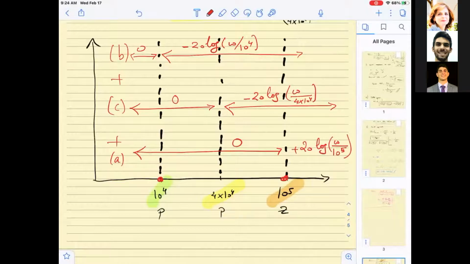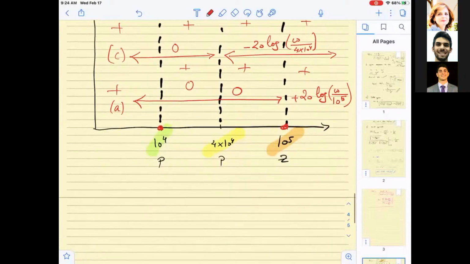Okay, so now really in any region, I can take the sum of the contributions of the 3, and I can find what the value of the Bode plot should be. But we are not going to do that. We are going to make it simpler. But first, let me look at those 3 regions.